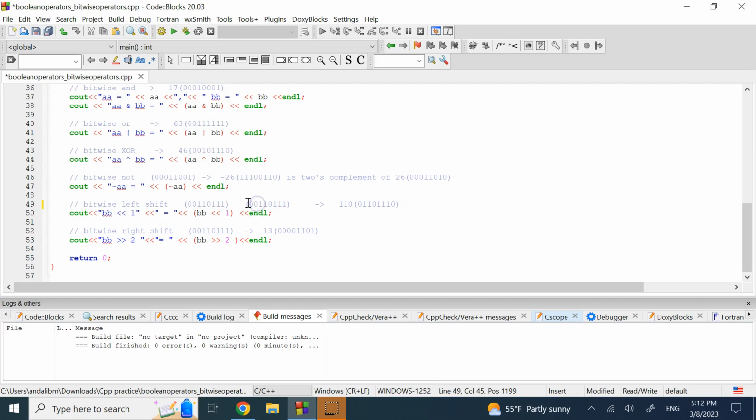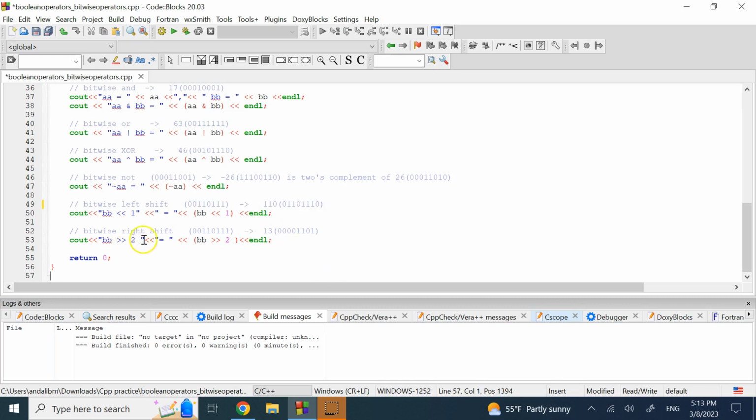The 1 goes to the second position, and so on and so forth. And here you're going to find a gap, 1 bit that is empty, and when you have an empty bit, it is going to be filled with 0. So you're going to get exactly this, which is 110.